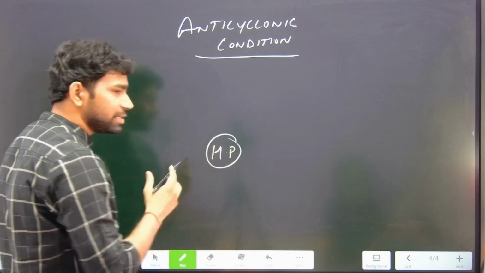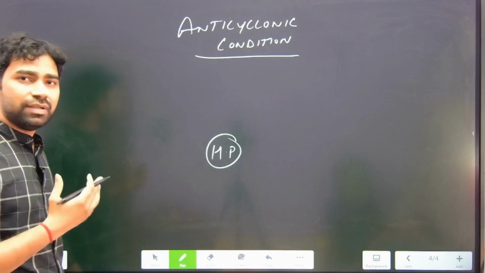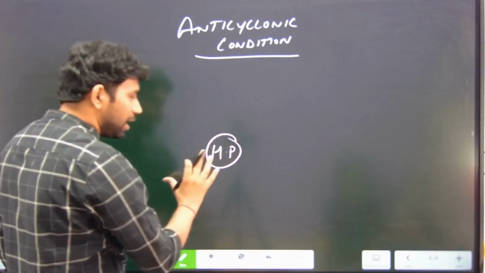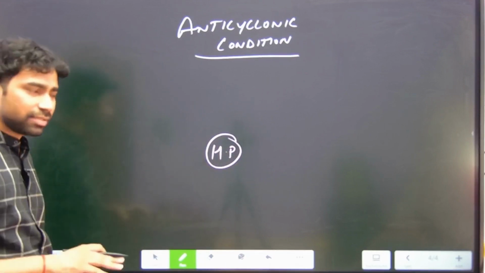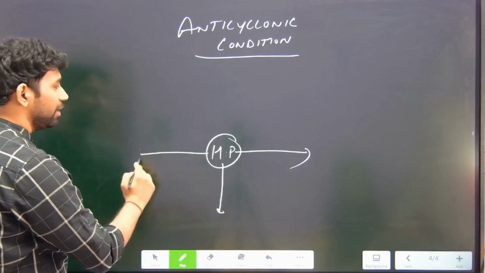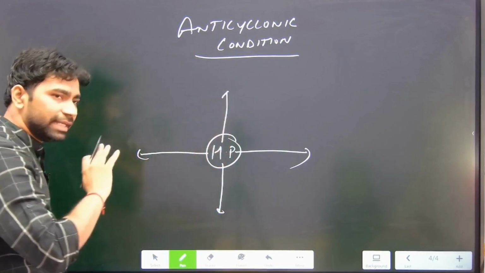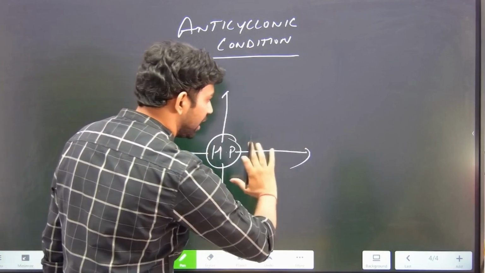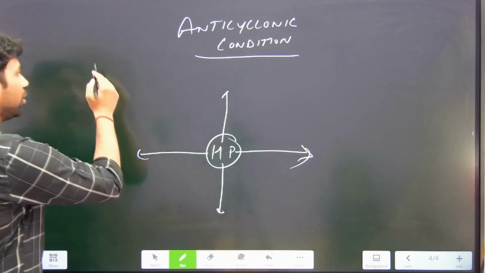Generally you will see this type of condition in the subtropical high pressure belt. Now if there is a high pressure zone near the surface, then the wind or the air will diverge in all directions.